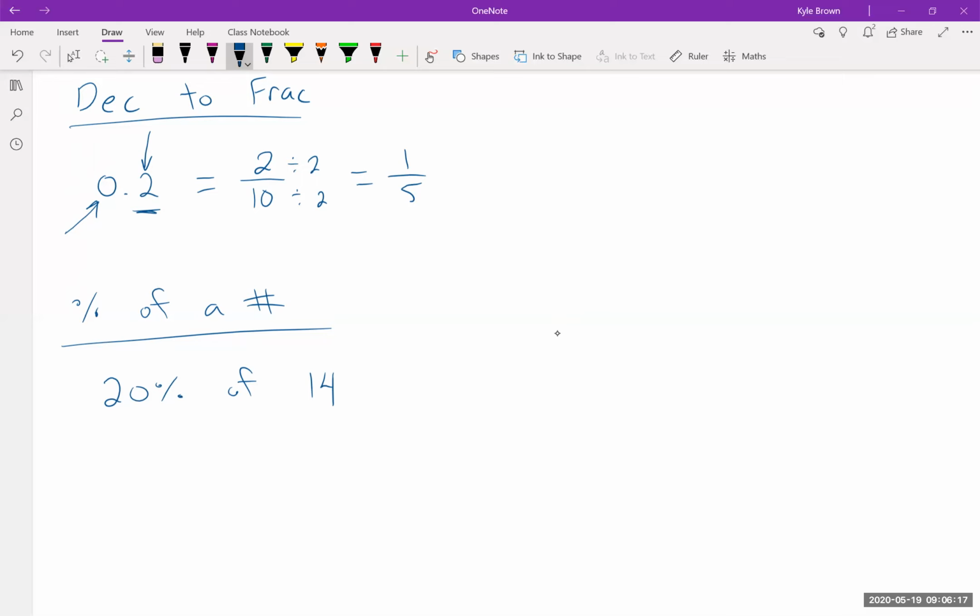Remember, 20% is the same thing as 0.20, or just 0.2. And then it's just that times 14, right? So that would get you the right answer. So you type in 0.2 times 14, and you'd end up with 2.8, of course.